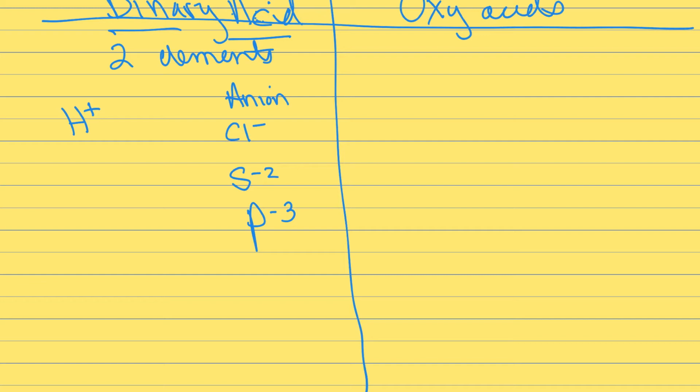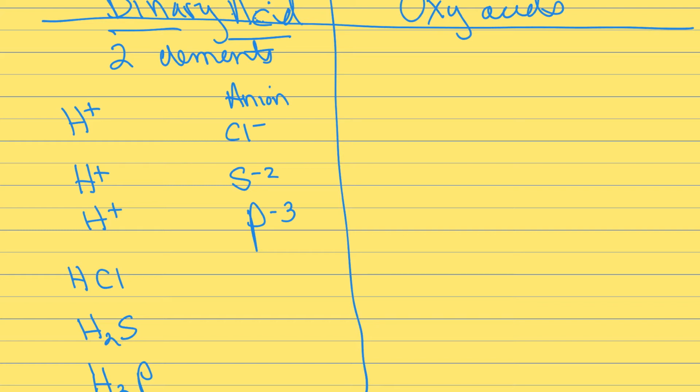So now if I were going to write the formula for these, I would see the first one is HCl, the second one is H2S, and the third one is H3P, right? So I need to balance out my cations and anions just like I normally do.